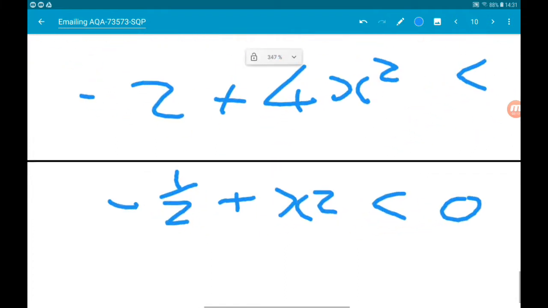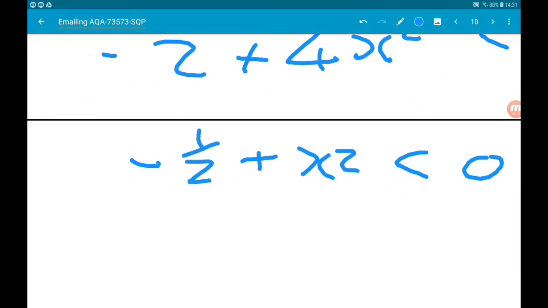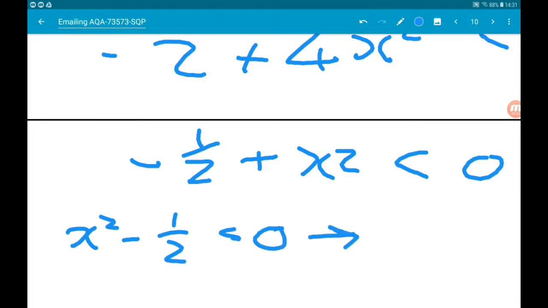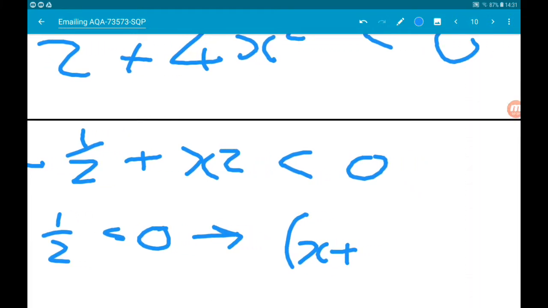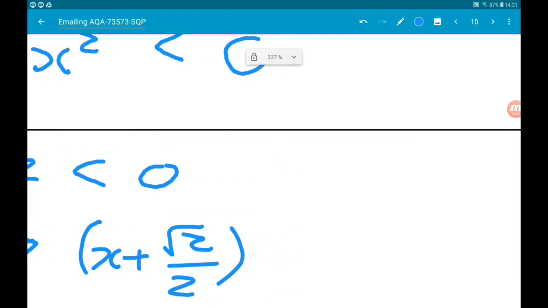Now if we rewrite that a little bit as x squared minus a half, we can think of that as a difference of two squares, so we get x plus root of 1/2, which is root 2 over 2, and then x minus that.